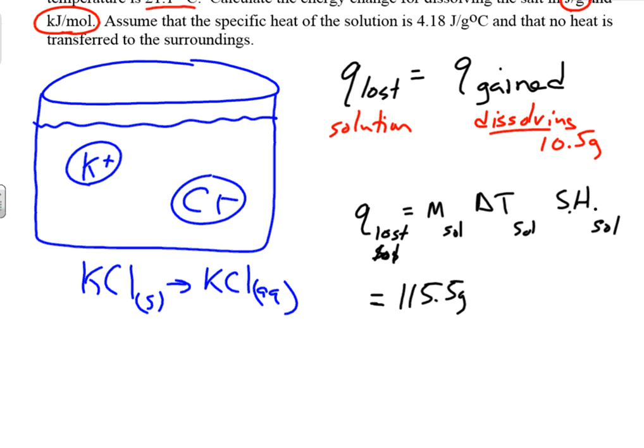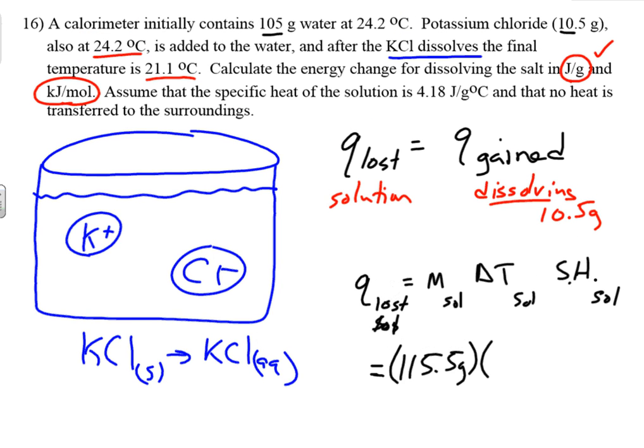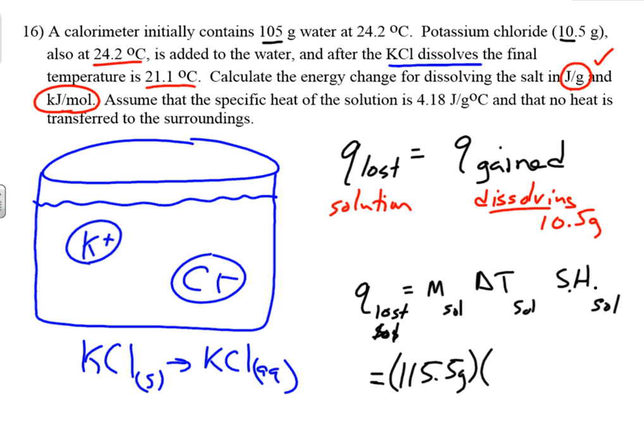So we end up with 115.5 grams. The 0.5 part there probably isn't a significant digit, so we're going to have to worry about that later. The delta T, final minus initial. So we ended up at 21.1. We started at 24.2. So the delta T is going to be negative 3.1 degrees Celsius.